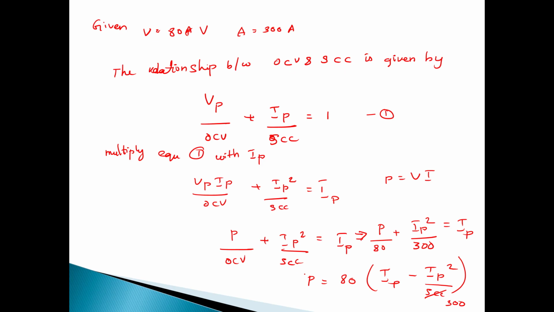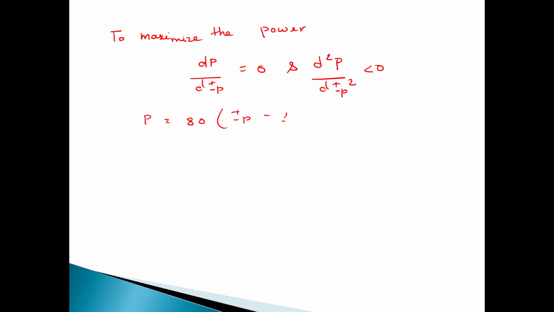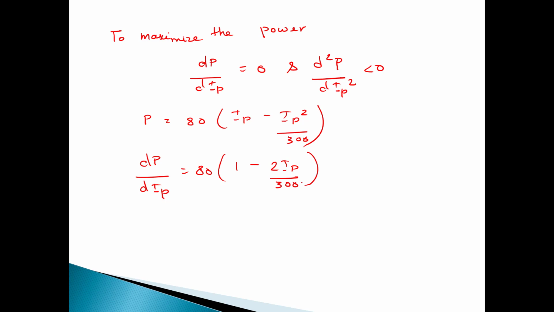From this equation, we get minus IP square divided by 300. So dP by dIP, that we have to differentiate, is 80 into 1 minus 2 IP divided by 300. So that we have to equate to 0.